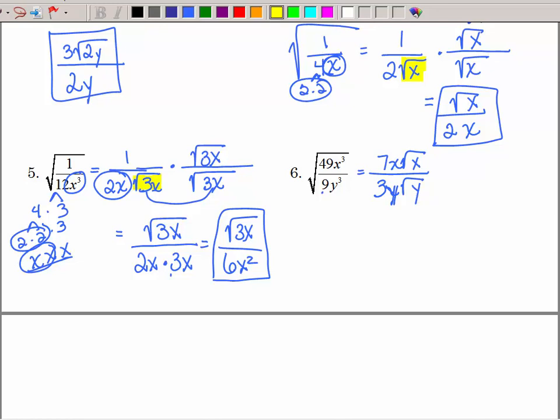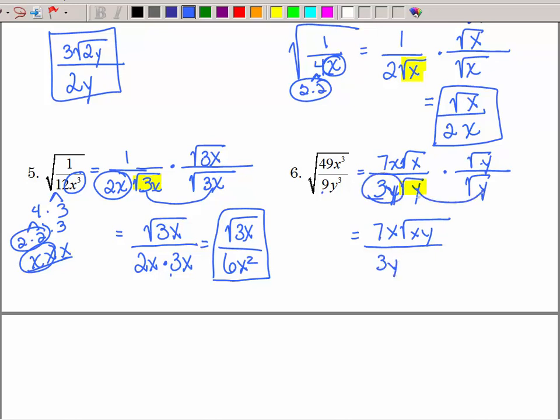Now we need to rationalize, and again, just looking at the part of the denominator that's inside a square root or a radical sign. What do you need to multiply by? Just a square root of y. So on top we have 7x times the square root of xy, all divided by this 3y.